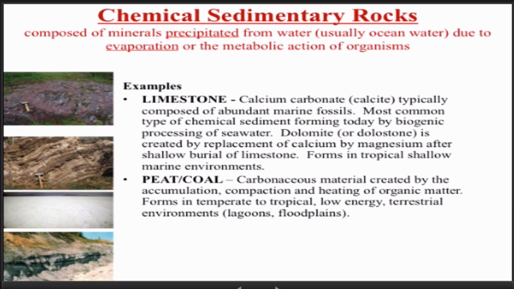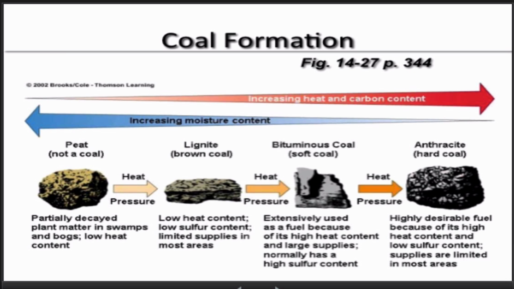The forms of carbon found within each type of rock are slightly different. Limestone is composed of calcium carbonate, which precipitates, or turns into a solid, sometimes in water, whereas coal is created from decomposing organic matter. This diagram illustrates how partially decayed organic plant matter can slowly turn into coal with the addition of heat and pressure.